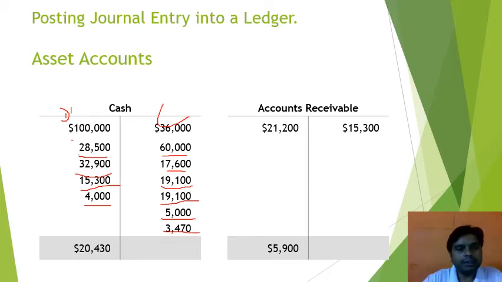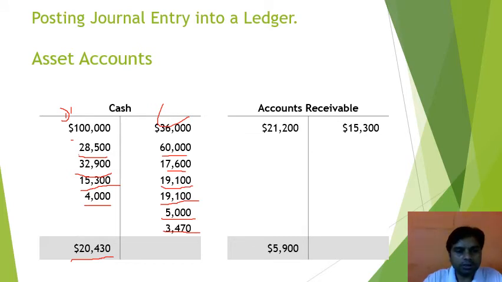All the debit amounts of the cash account we have written in the left column, and all the credit amounts of cash transactions we have written on the right side. After writing all the debits and credits of the cash account, at the month end we can see that 20,430 rupees is cash in hand, as it is on the debit side.